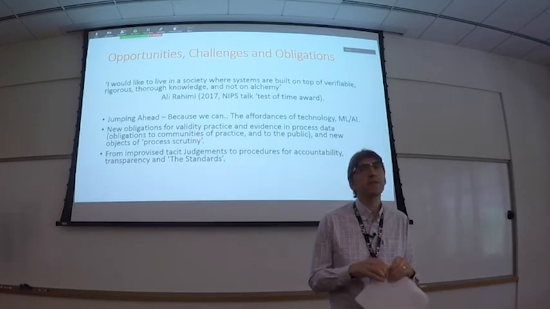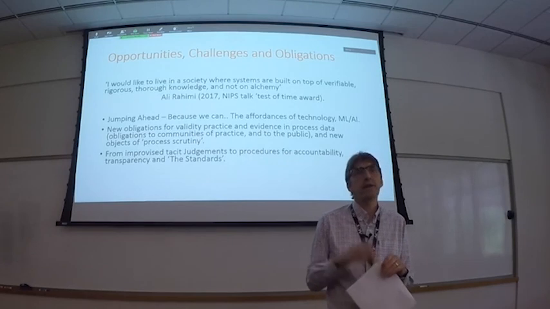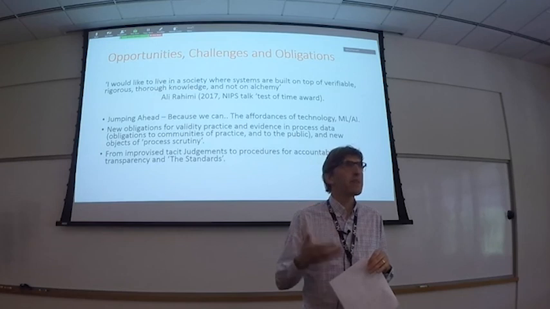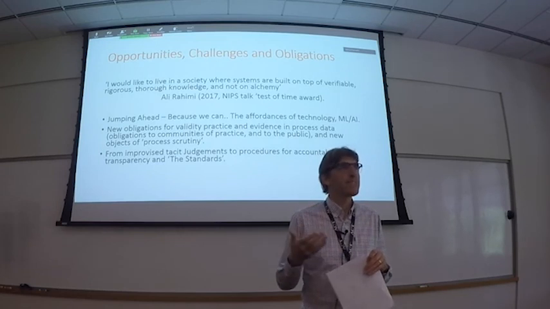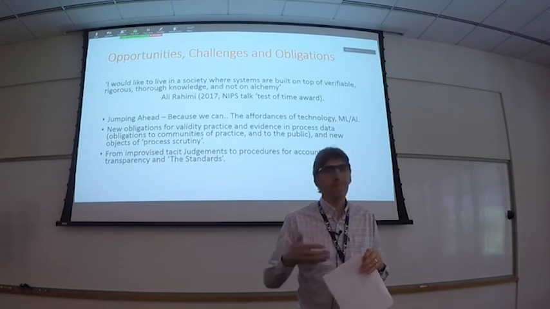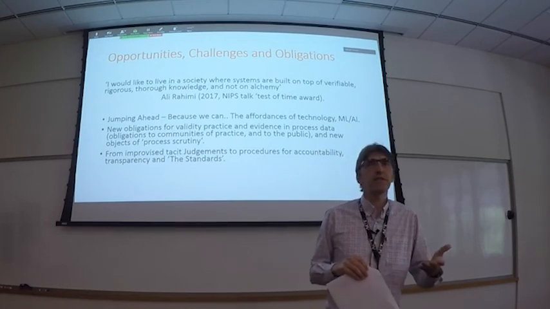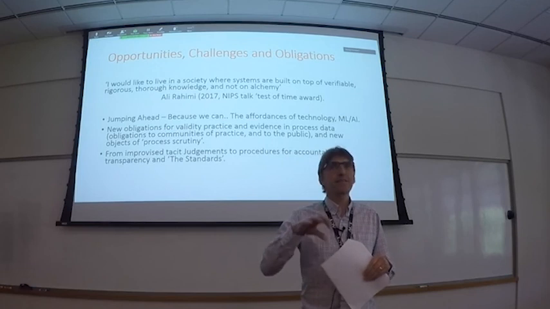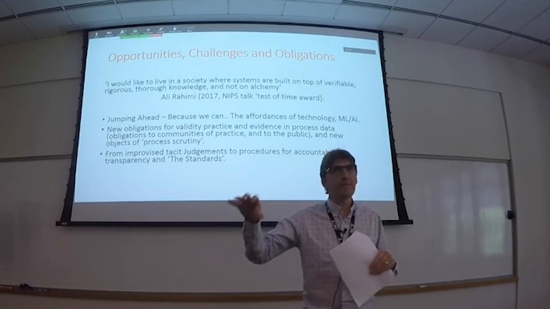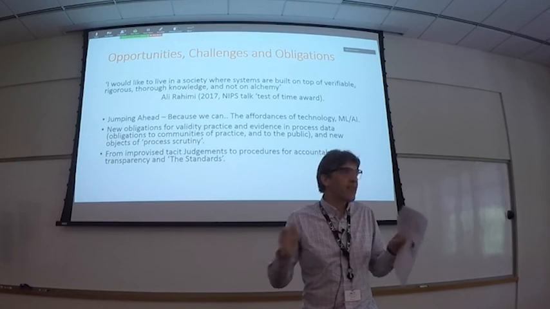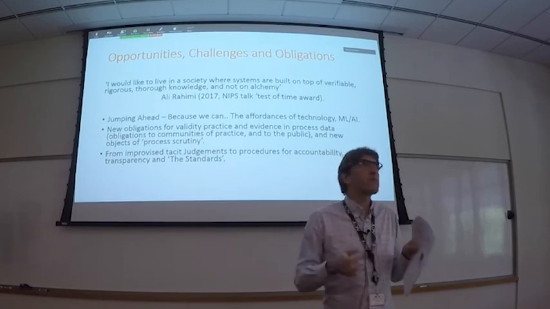I know there are examples in the UK recently where they've rolled out incredibly expensive test development projects into schools. They haven't done the due diligence. They haven't either tested the validity in the school, in some cases, or provided the validity trail so that they can be accountable to the public.